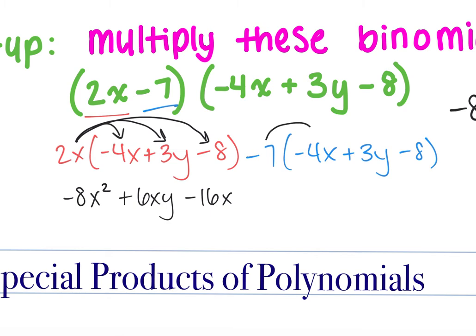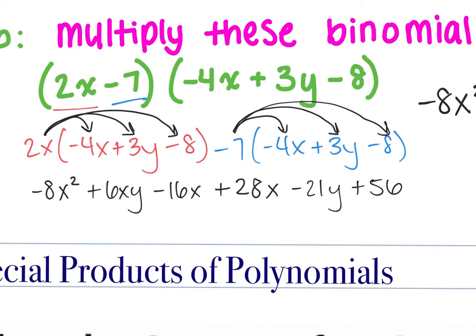What is negative 7 times negative 4x? Positive 28x. What is negative 7 times 3y? Negative 21y. And negative 7 times negative 8, we can all answer that?